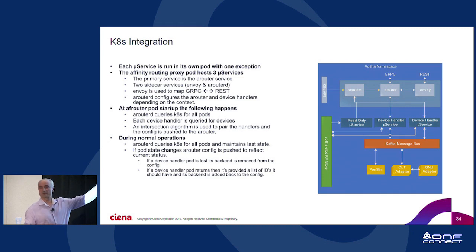There's just one change to make inside the Affinity Router daemon where it queries the actual pods or containers that have the device handlers, and the whole thing will work with another system. Okay, so it's a very small change, and it shields the router from knowing anything about VOLTHA at all.